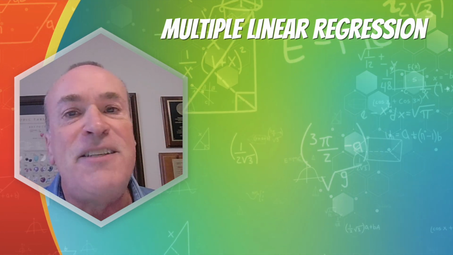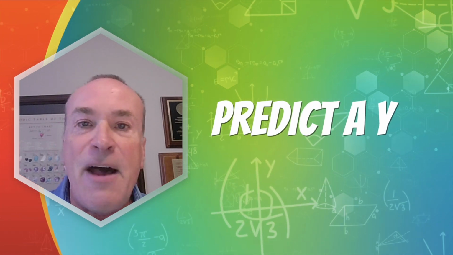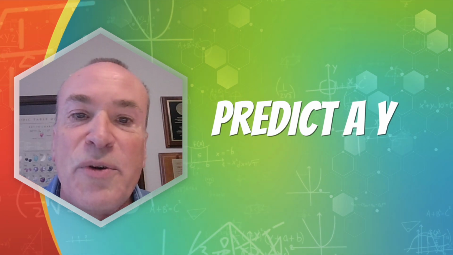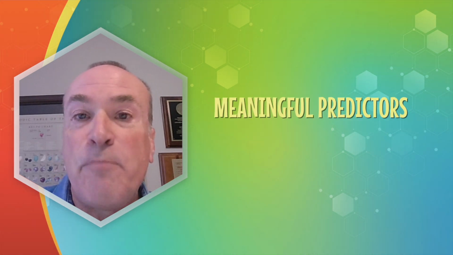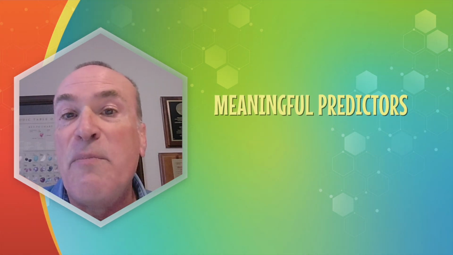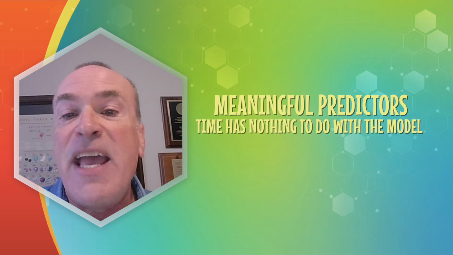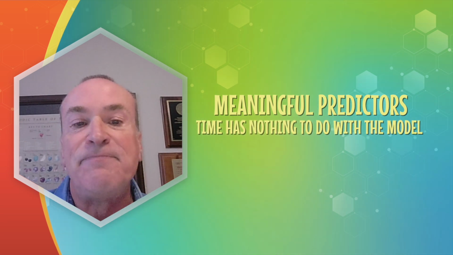They learn that they can dump a bunch of variables into the model and predict a Y. Now, that's only true if you have meaningful predictors, but more importantly, time has nothing to do with the model.